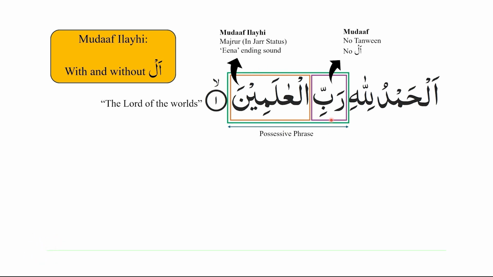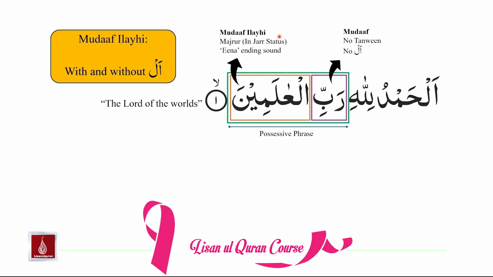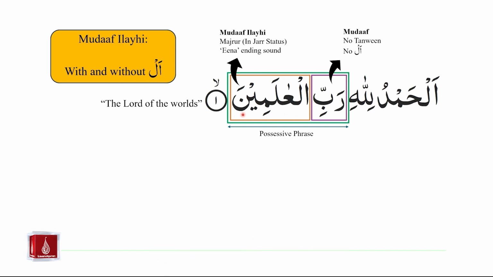Rabbi is mudaf because there is no al and there is no tanween. Al-alamina is mudaf ilay. It is majroor because of the ina ending sound. Rabbil alamina will be translated as the Lord of the worlds. The presence of al on al-alamina brings out the worlds in the translation.